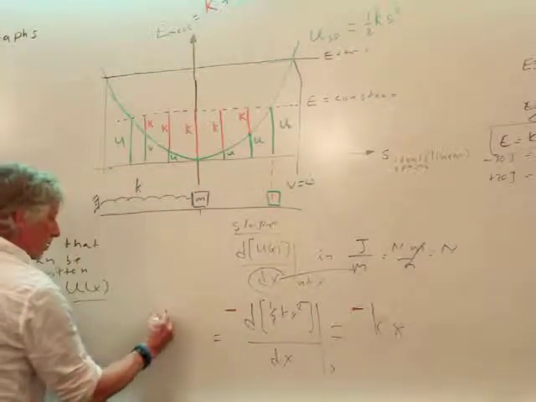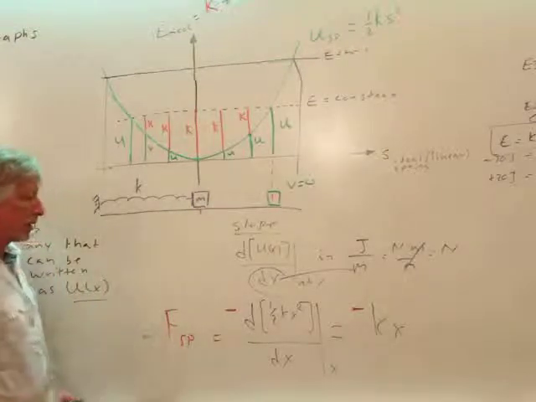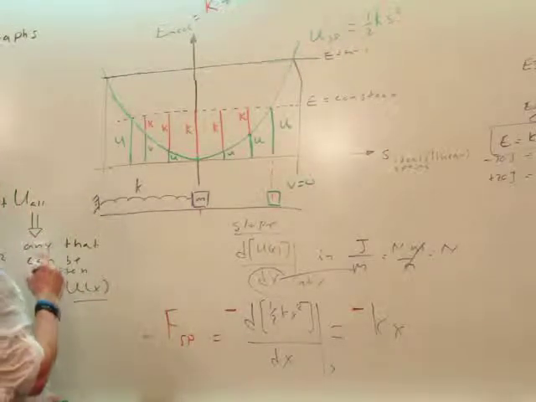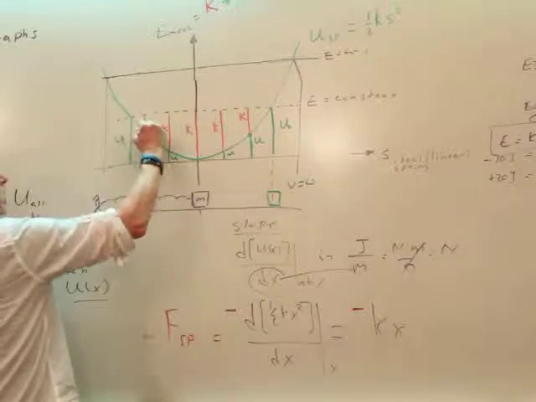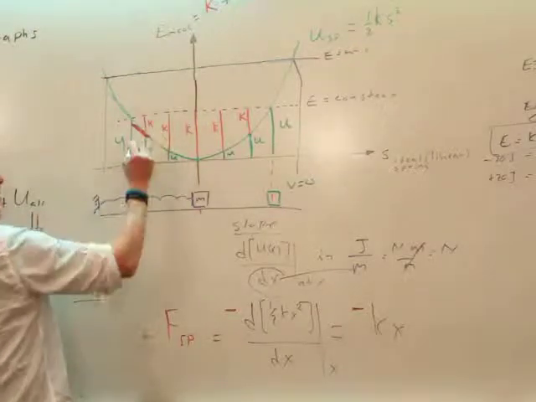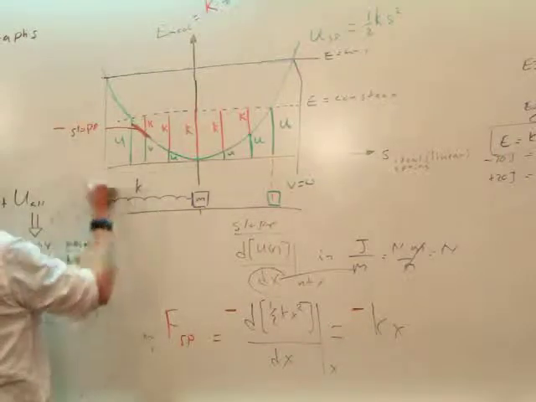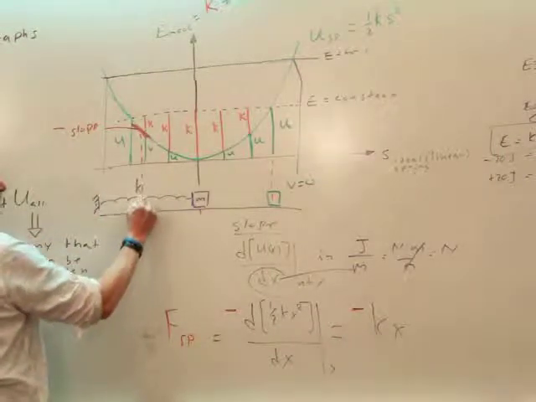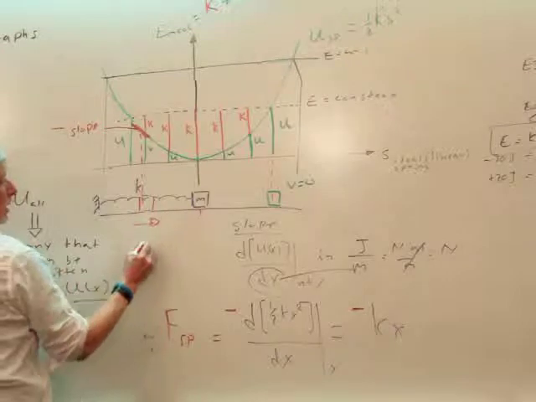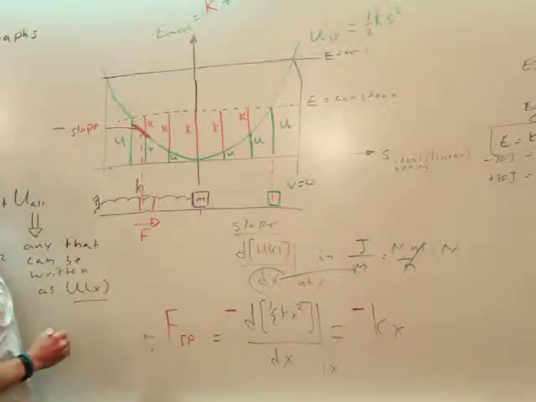Now wait a minute, could it be? Let's see, the slope here at any place is a negative slope. The force here would be in the positive direction.